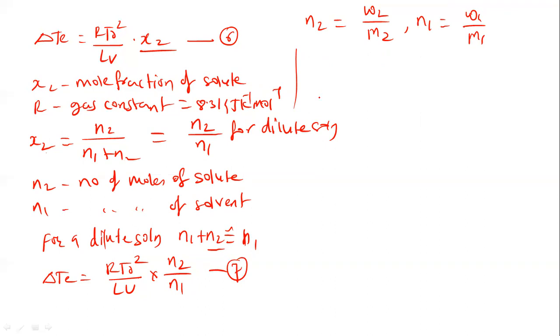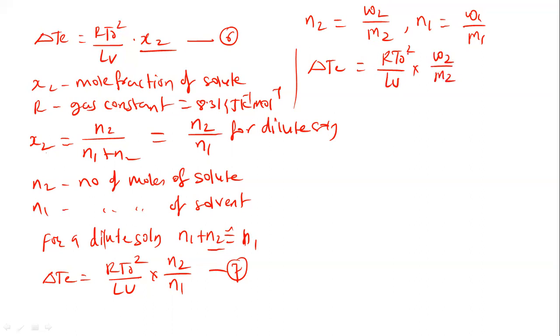Now equation 7 can be written by putting this value, number of moles can be calculated according to this formula, weight divided by molecular weight. So delta T is equal to RT0 square divided by LV into N2, that is W2 upon M2.